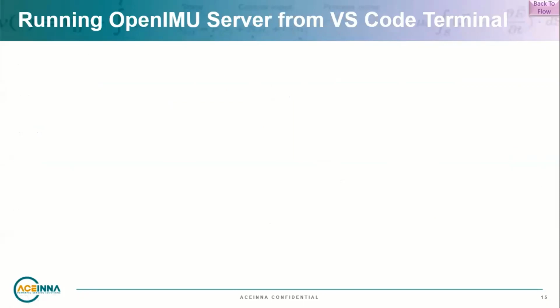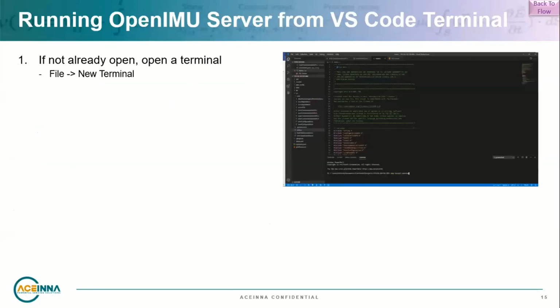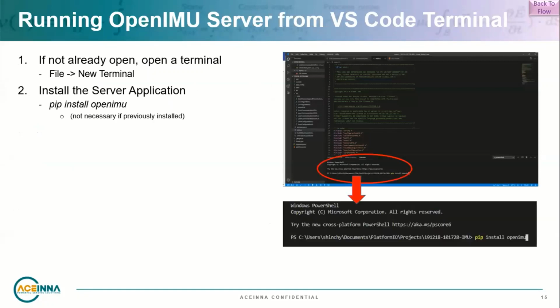The second way is running the OpenIMU server from the Visual Studio Code terminal. Open Visual Studio Code, open the terminal, and install the server application if it is not installed previously. The command is pip install OpenIMU.